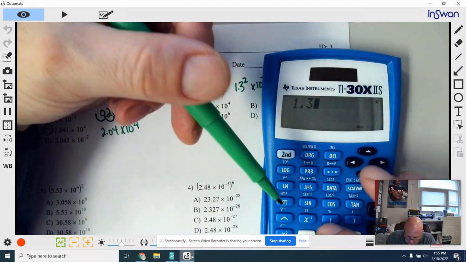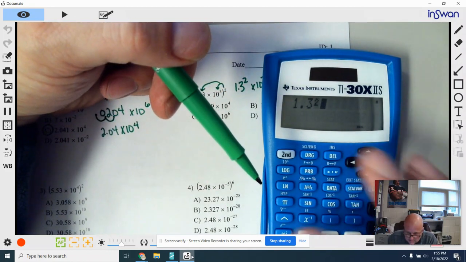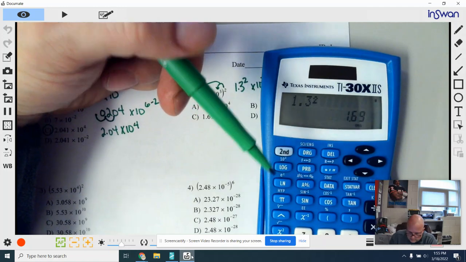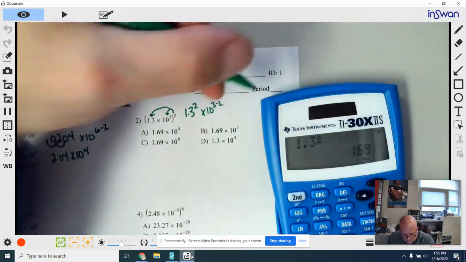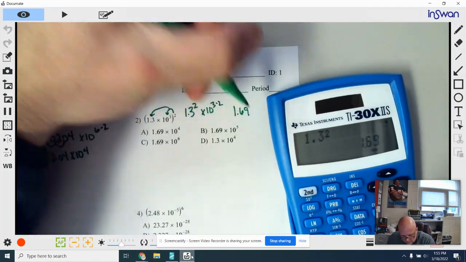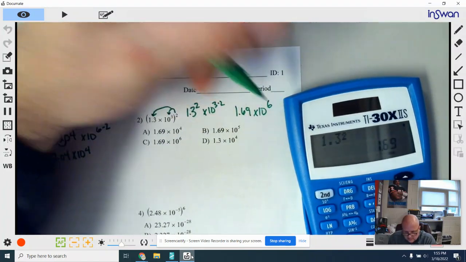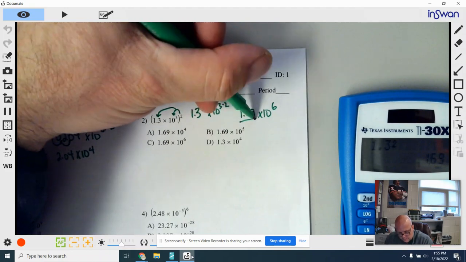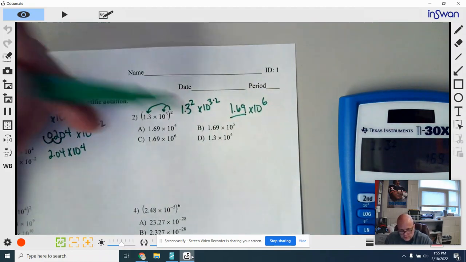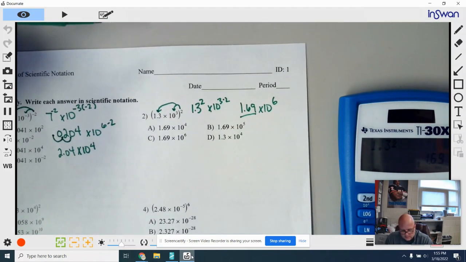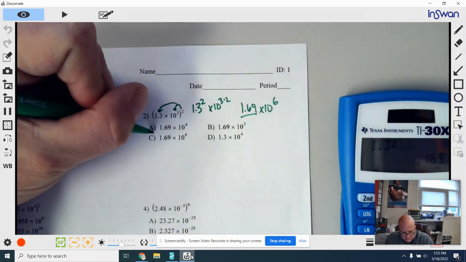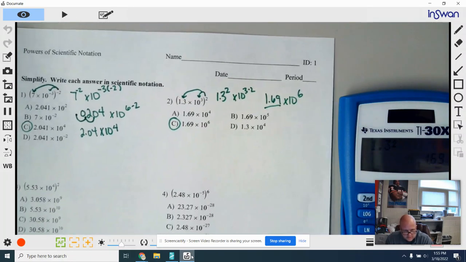Because it's squared, you could hit the x squared key, and we get 1.69. So 1.69 times 10, 3 times 2 is 6. Check out that base number. Is it 1 or more? Yes. Is it less than 10? Yes. So it's fine. I don't need to do anything with it. So that's my final answer, letter C.